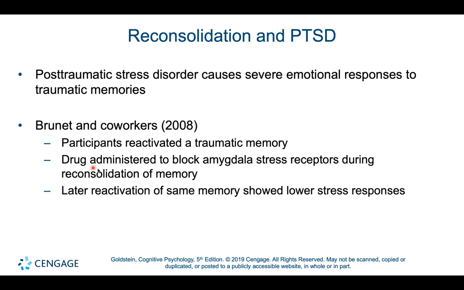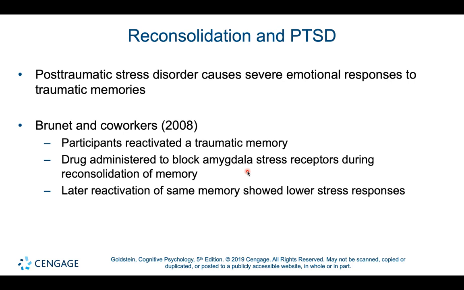But if we actually administer a drug that inhibits the amygdala, which is the emotion center of the brain. It's where these severe emotional responses would sort of originate. So if during the reactivation of the traumatic memory, we administer a drug that blocks the activity of the amygdala, it actually lowers the stress response of PTSD in the future.